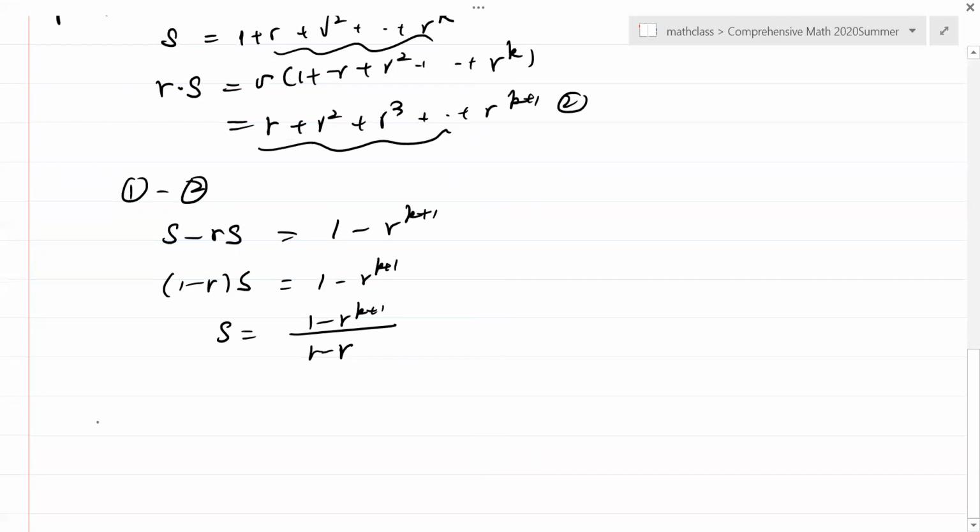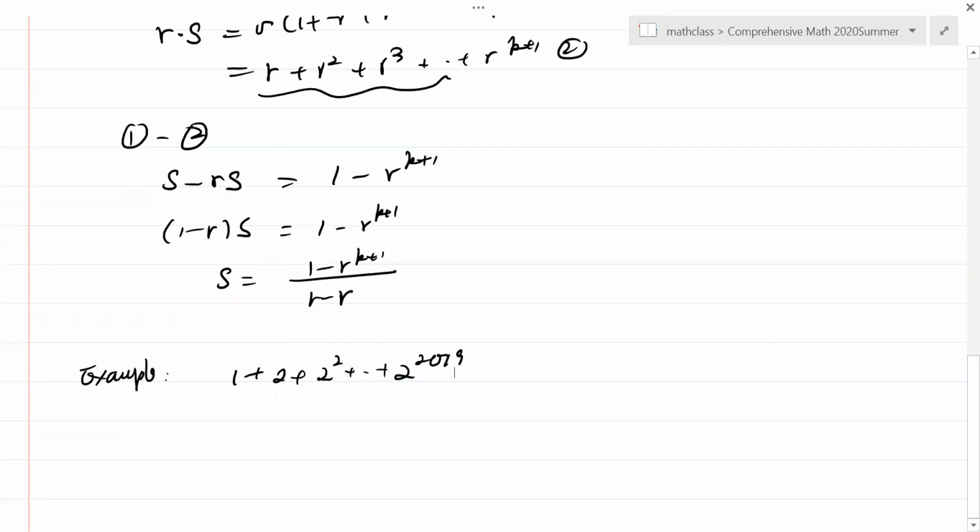Here's a couple examples. It's 1 plus 2 plus 2 squared up to 2 to the 2019, if we add them together. According to the formula, it is going to be 1 minus 2 to the 2020 over 1 minus 2.